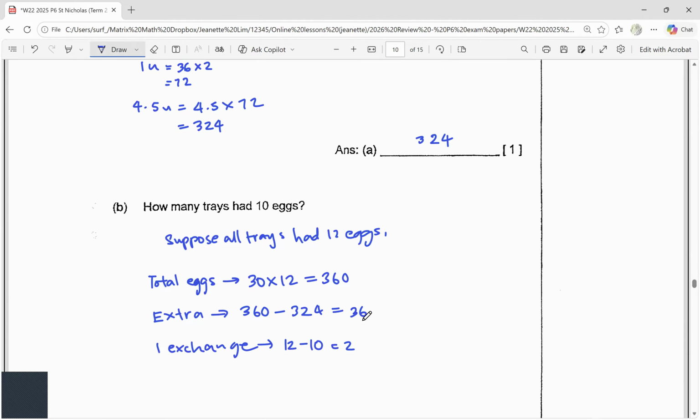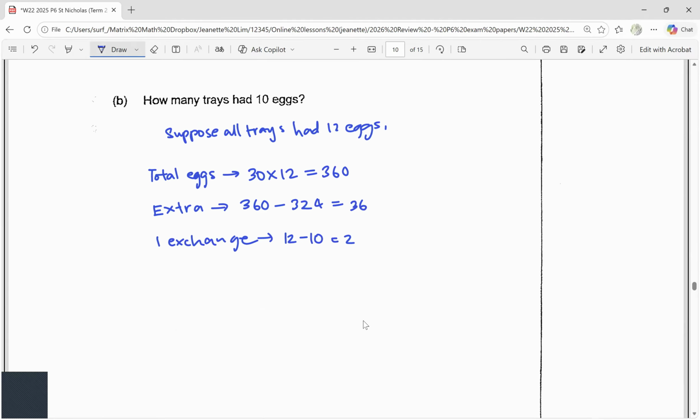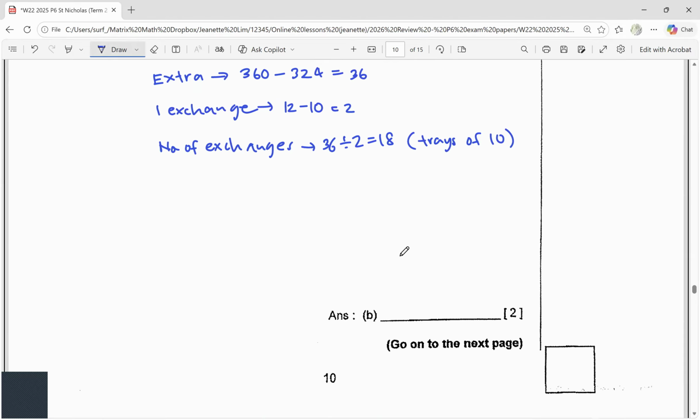So how many times do I need to do this exchange? So the number of exchanges would be 36 divided by 2 equals 18. And this is the trays of 10 eggs. Because I'm doing 18 times of exchanging from 12 to 10. So I'm basically putting 18 trays of 10. So the answer is 18.